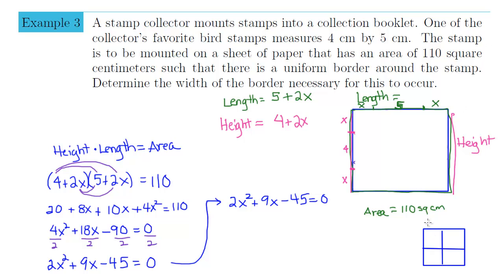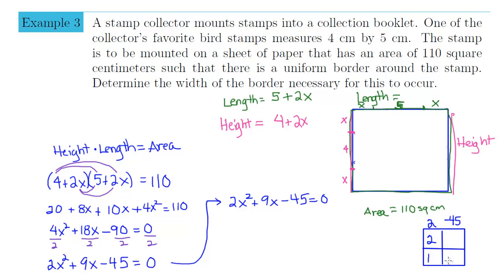In my box method, I want a column for 2, so the factors of 2 go here, and I want a column that will give me factors of negative 45 right here. So let me take 2 times 1. And when I pick my factors for negative 45, I want to do it carefully so that when I cross multiply, I get a sum that's equal to 9, right?